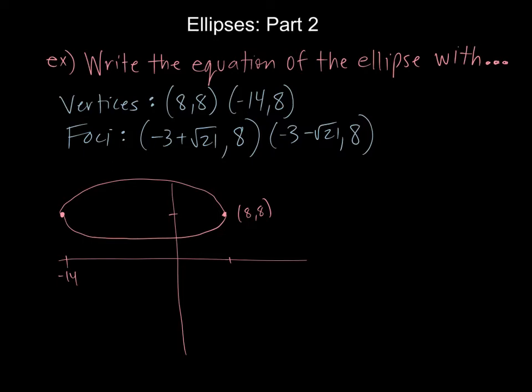So I know that it's a sideways football shape just because the vertices are on the ends of the longer axis. I can get the center right away. It's the point between negative 14 and positive 8, which are 22 apart, so it's 11, so that's negative 3. I'm just finding the midpoint of negative 14 and 8, which happens at negative 3. So my center is negative 3, 8.